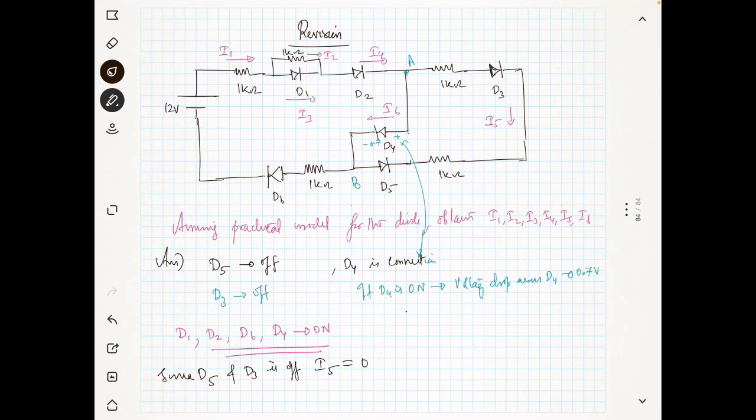Now you can see easily from the circuit diagram that this current is 0 ampere, and since it is 0 ampere, your I4 will be the same as I6. So I4 will be the same as I6. I think that is clear to you. Now we will redraw the circuit with these notions.